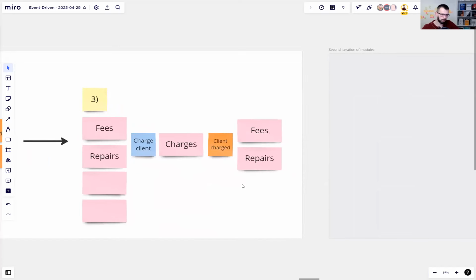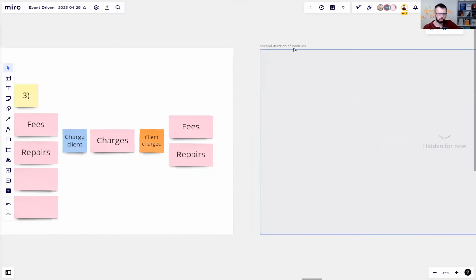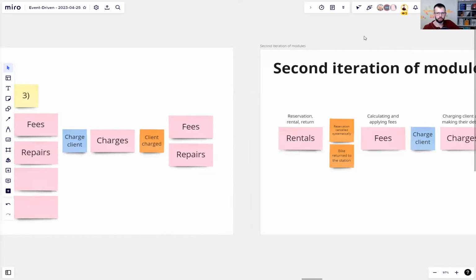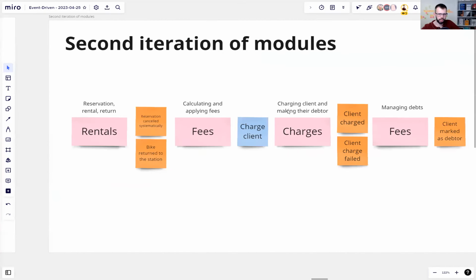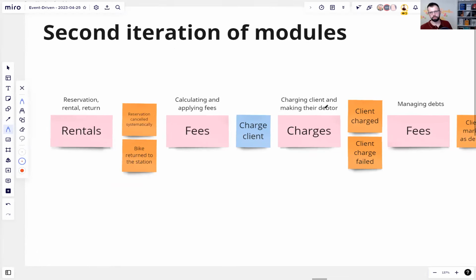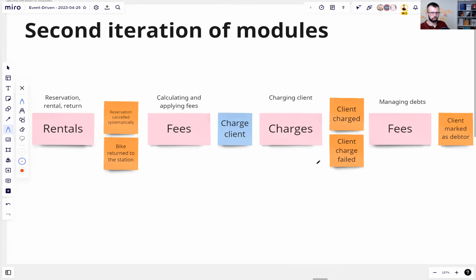So based on this iteration, we changed our communication, and we also changed the responsibilities. So in that scenario, charges probably shouldn't be able to think about the debts, because they don't understand what the debt is.